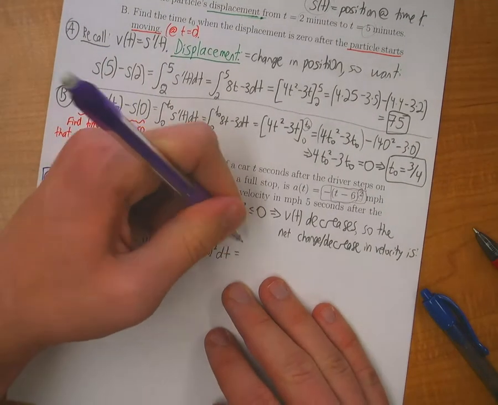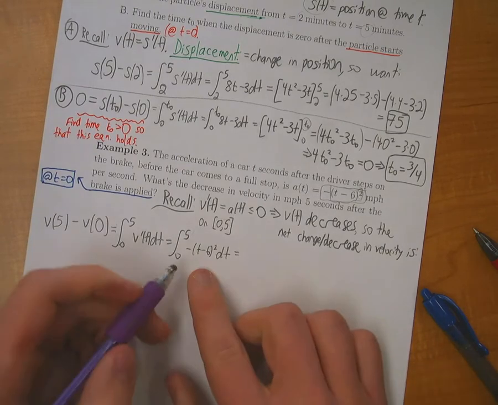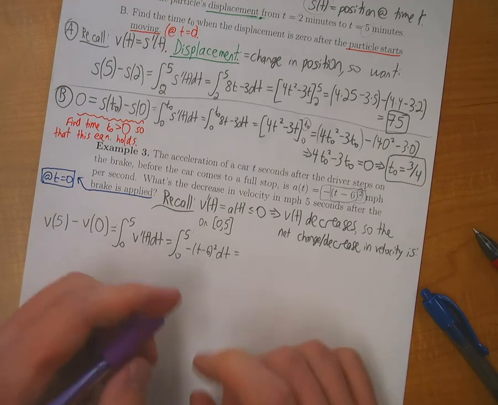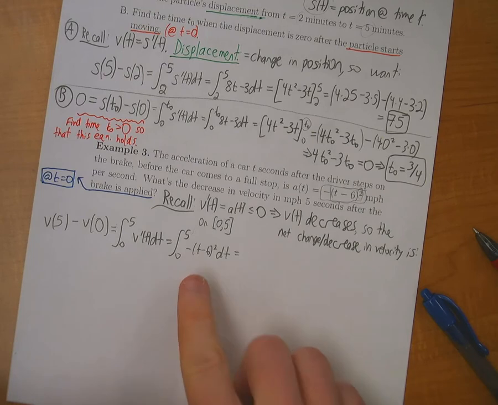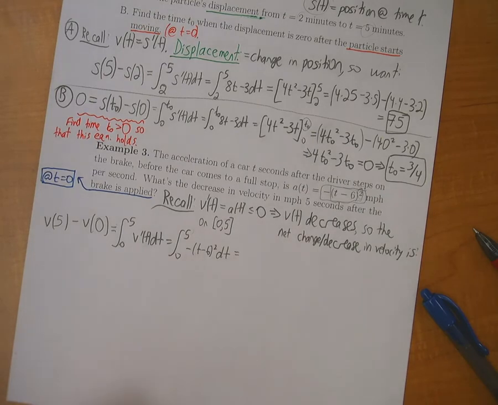So how do we evaluate this integral? Based off of the techniques we know, it doesn't seem like there's a nice way to take the antiderivative of this thing. So what would be our best bet from here? What should we do with our function inside the integral? Distribute it out, right?